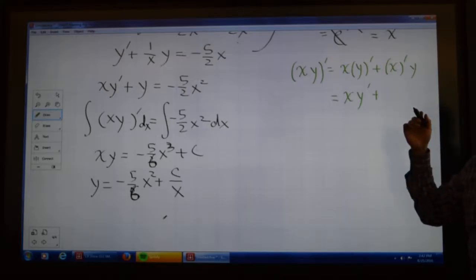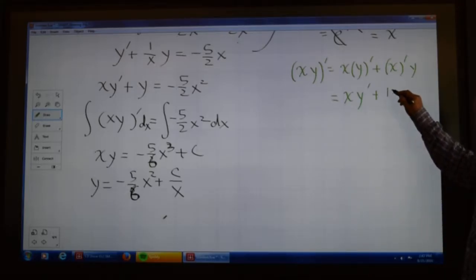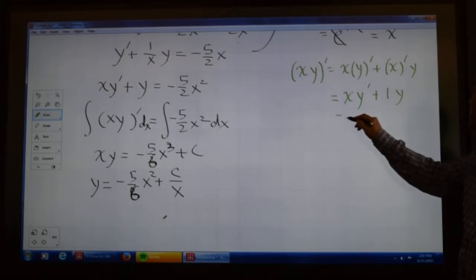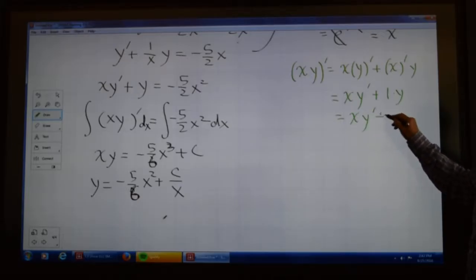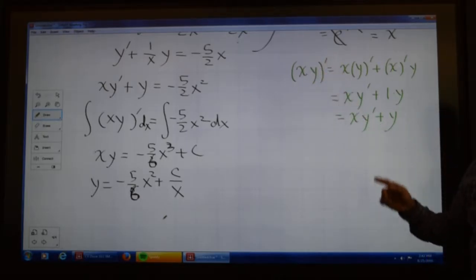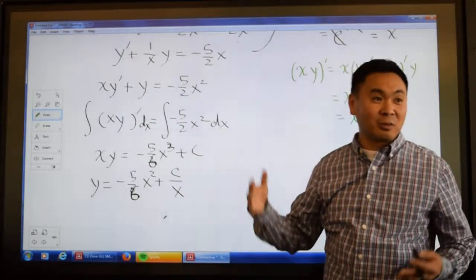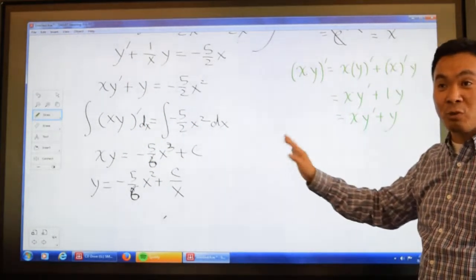Come on. One. So xy prime plus y. Right? So you see that xy prime plus y is exactly the same as that. So it works like magic. And that magic happened because we chose the correct multiplier.